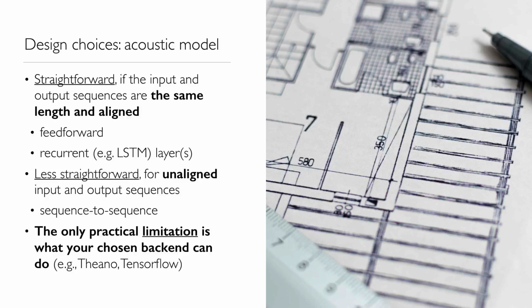If you do not have the aligned input and output features, you can do some sequence-to-sequence training. Currently, we don't have a recipe for sequence-to-sequence training, but you can start from the straightforward way and change the code yourself. But I think the current limitation is how you choose your backend. For example, if you choose Theano, you need to implement the sequence-to-sequence model based on Theano.